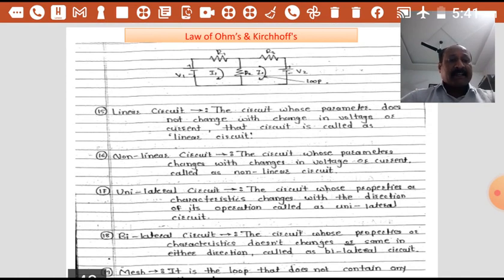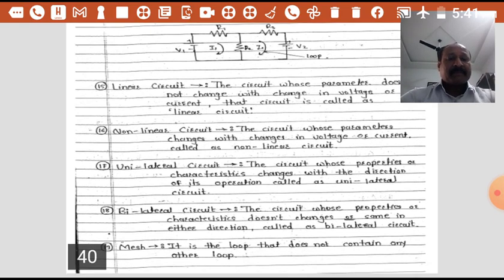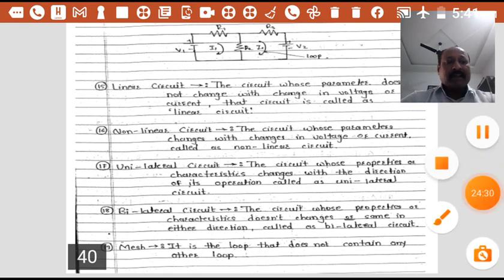Then mesh, it is a loop that does not contain any other loop. With this last definition of the mesh, we have completed all the basic definitions.